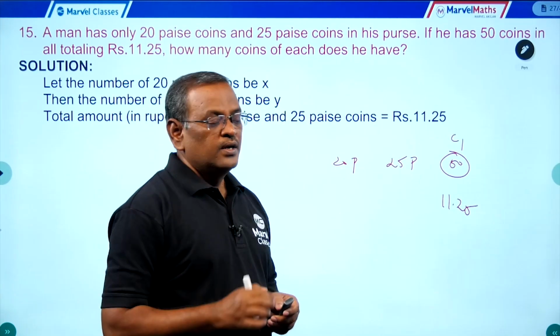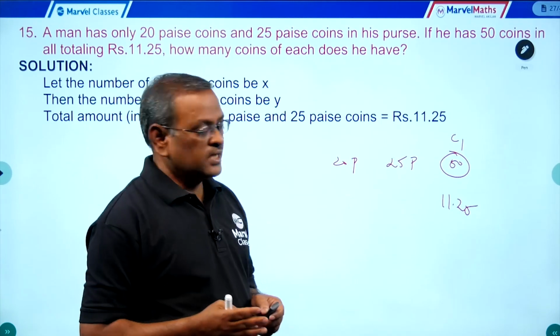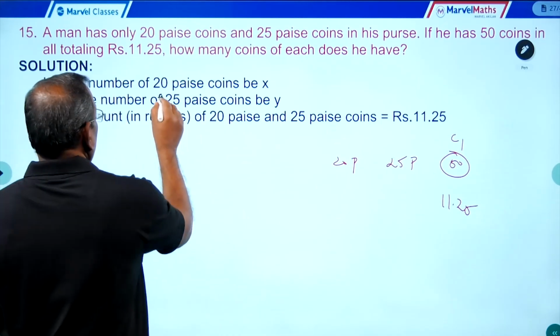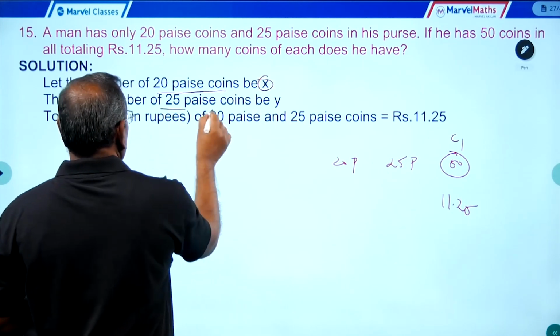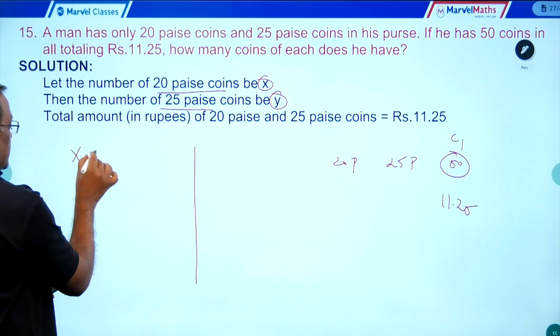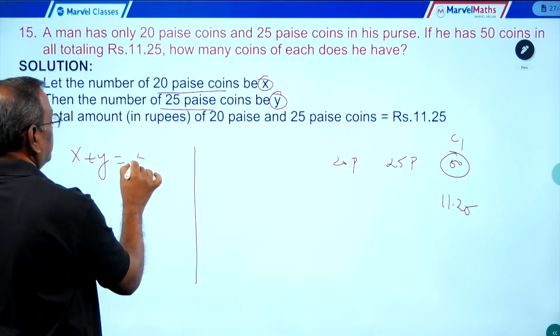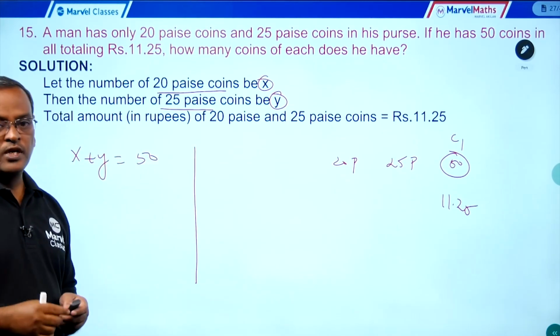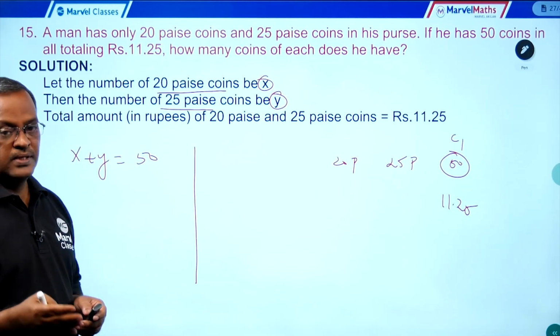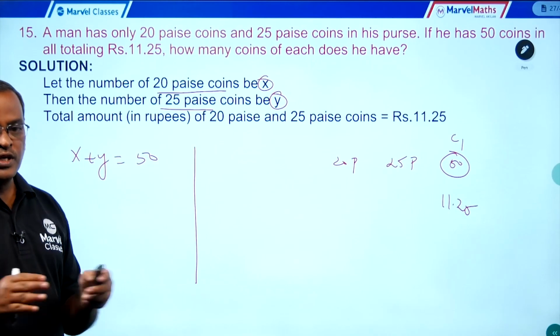Very simple. 20 paise coins and 25 paise coins, total number of coins is 50. So what is the assumption? The number of 20 paise coins equal to x and the number of 25 paise coins equal to y. The first condition is x plus y equal to 50, because the total count is 50.